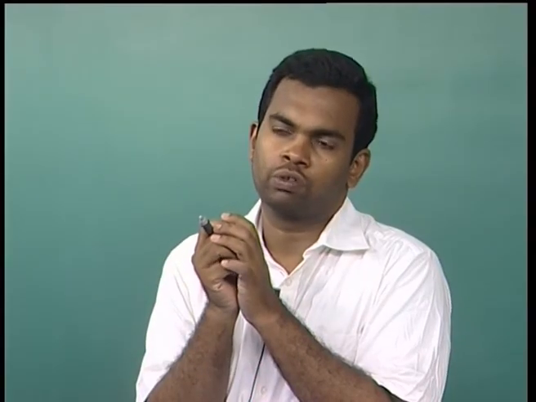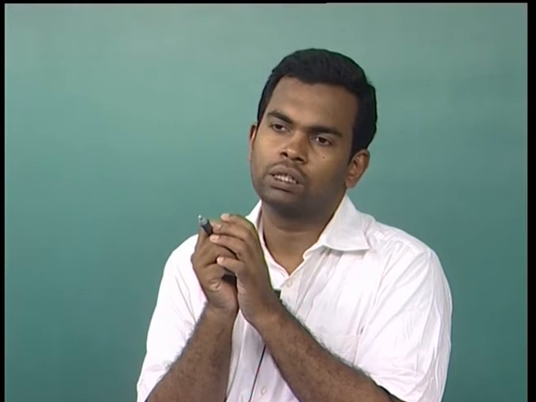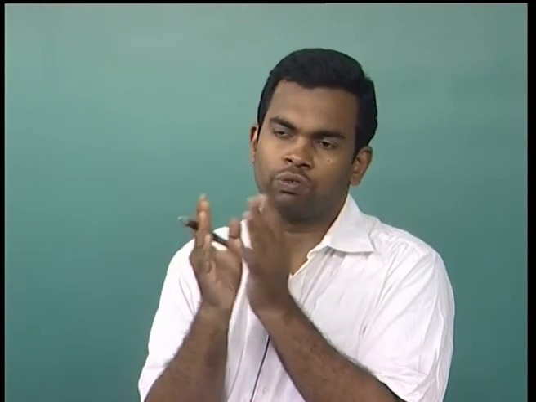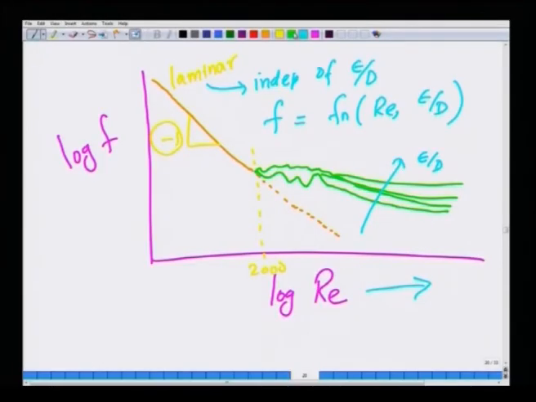Because suppose you want to know what is the pressure drop, okay, that is required to make the fluid flow at a given flow rate, then in order to do that calculation, it is very simple in the laminar flow regime, because you simply have to use the formula that we have already derived. But in the turbulent flow regime, you do not have any analytical expression. All you have is this friction factor chart. Sometimes this is also called the Moody chart, okay. Moody's friction factor chart.